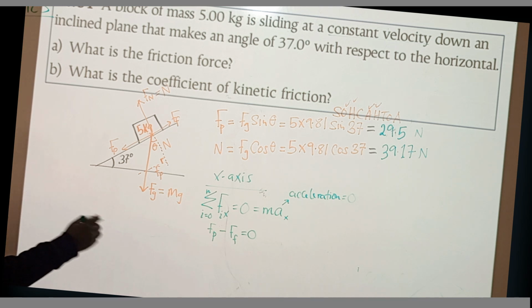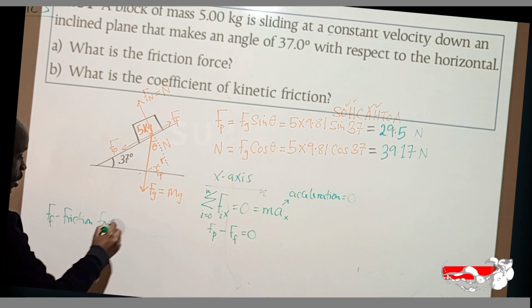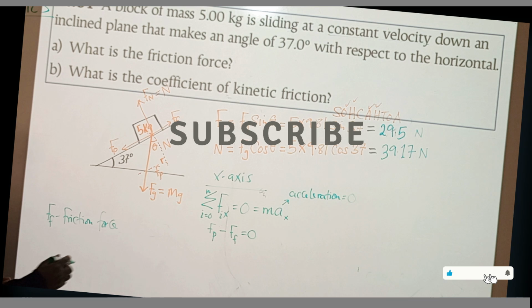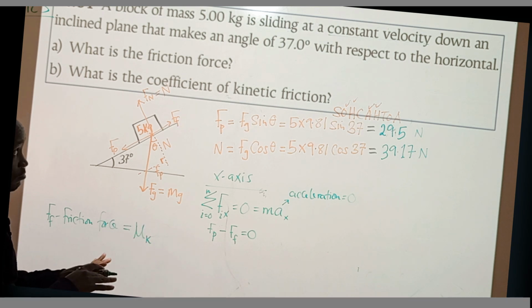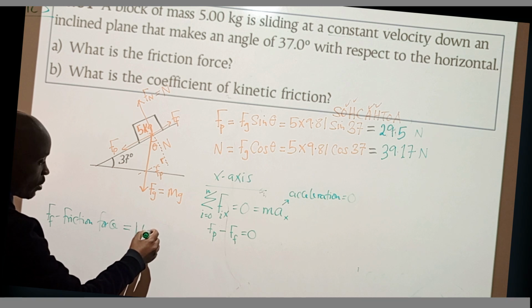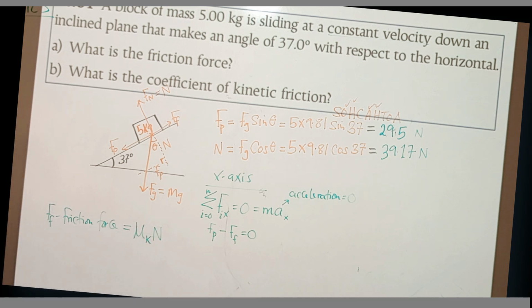But the question is the friction force, this Ff. So how do we get the friction force? As we've always said, for a moving object, it is the kinetic coefficient of friction times the normal reaction force.